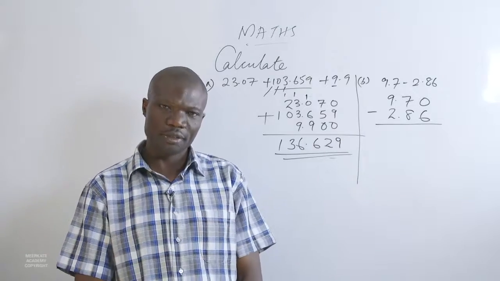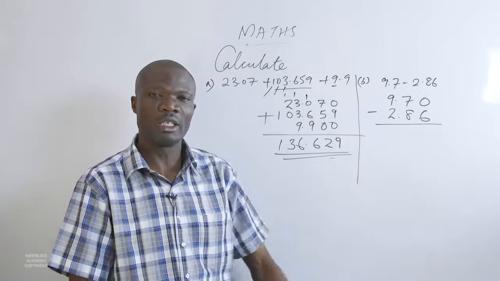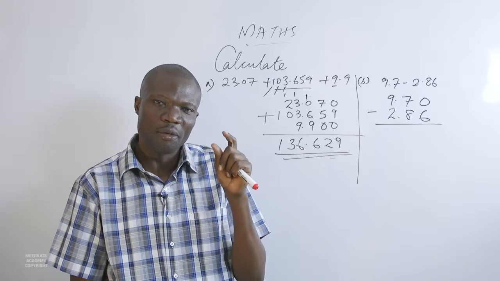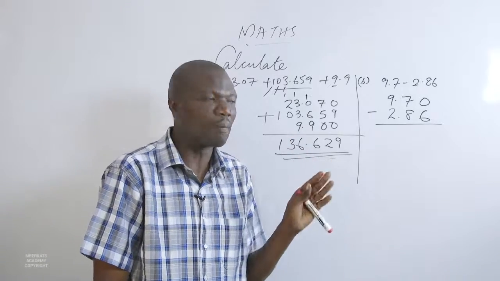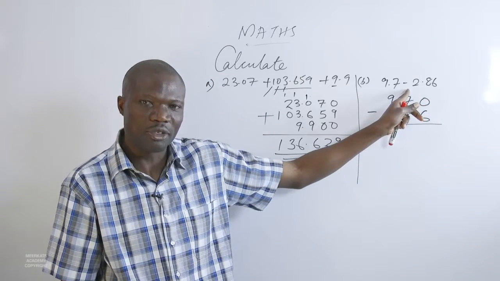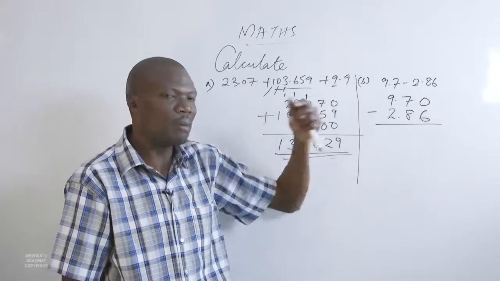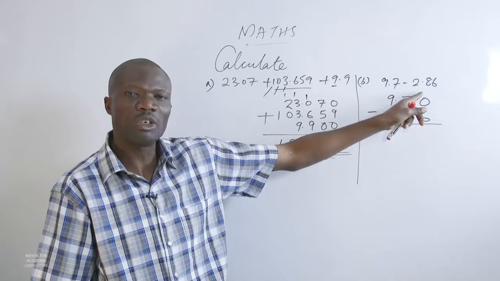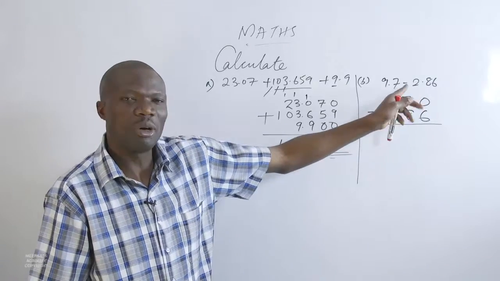0 minus 6, you cannot write here minus 6. So there is something we say, borrow from the next column. The next column to this one is the next immediate column to the left. When you're subtracting a number from a number less than itself, then we shall be required to borrow from the next column to the left.